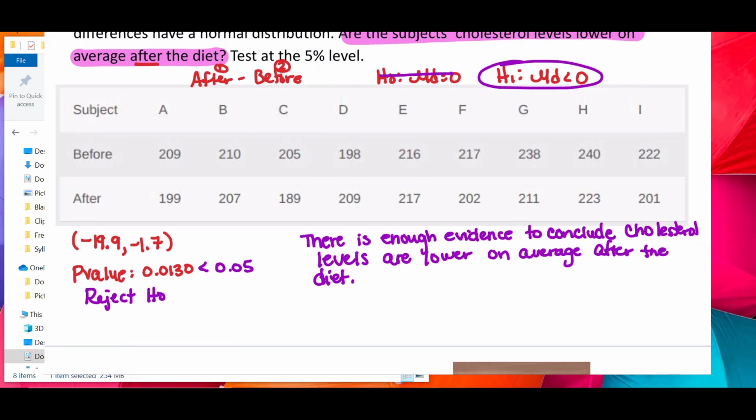And then for the confidence interval, we'd say we are 95% confident that the mean difference in cholesterol levels before and after the diet is between negative 19.9 and negative 1.7. And because they're both negative, it implies that the difference is lower than 0, which is what we found here. So it agrees. All right.